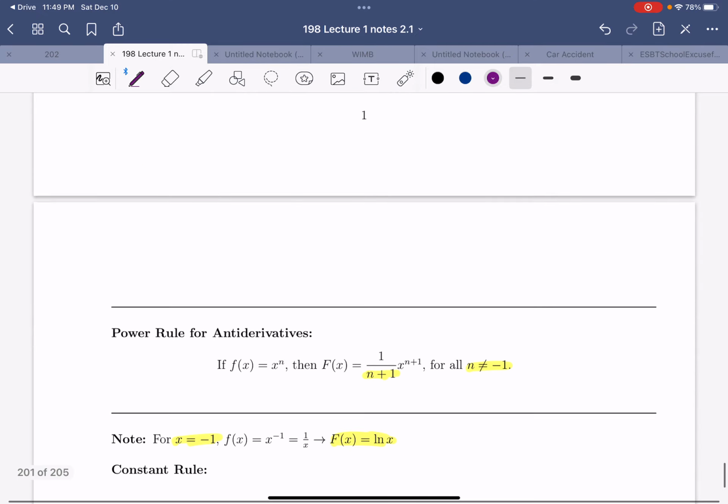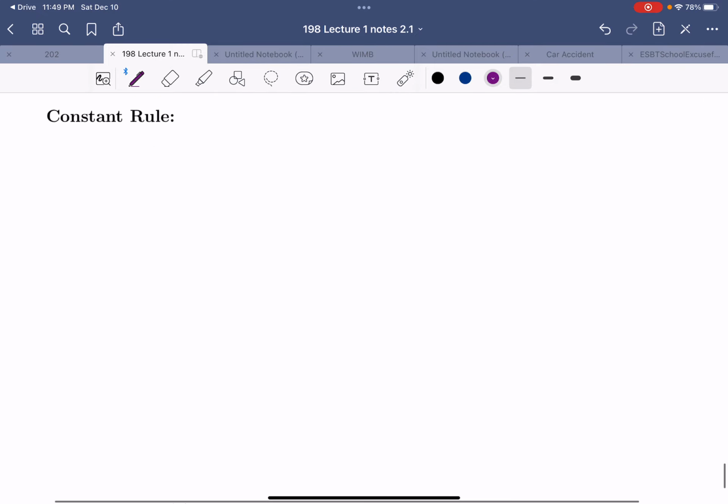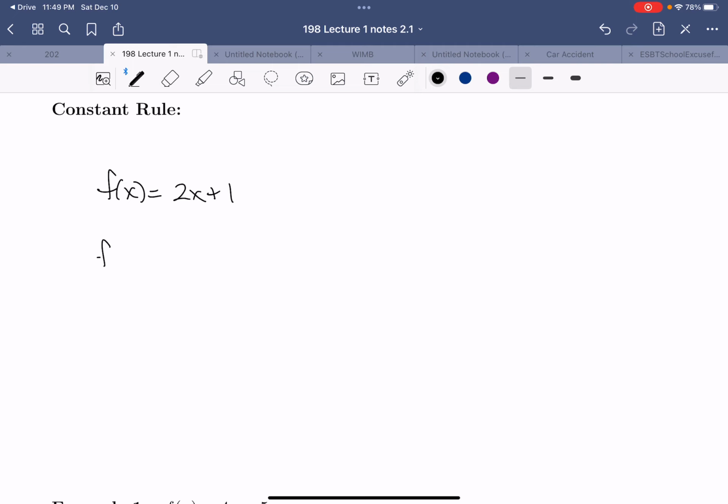Okay. So we have one last rule here, and that is when you take the derivative of a constant, you lose it. It goes away. So it's possible that your function had a constant in it, right? For example, if you had f of x equals 2x plus 1, and you take the derivative, you just get 2.